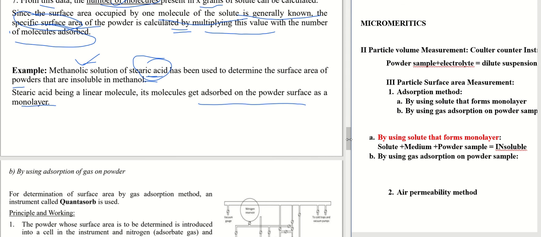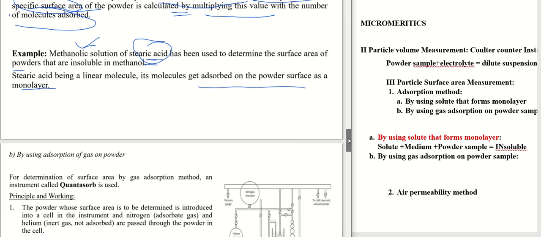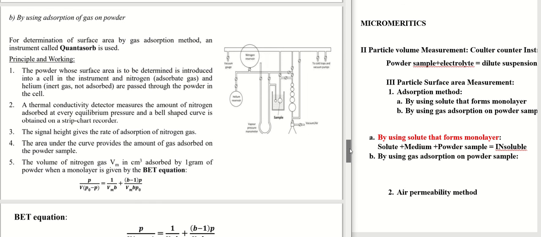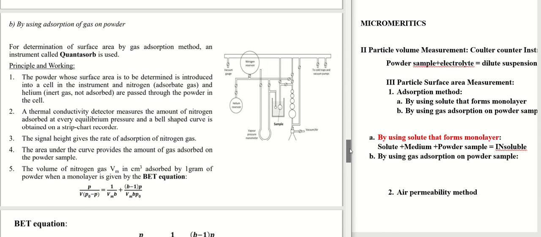Just like in the previous working principle, we will have an adsorbate, but here, as the name itself indicates, we will make use of gas as our adsorbate, whereas in the previous method we used an insoluble solid or solute.